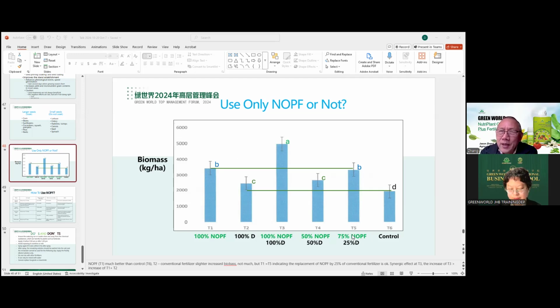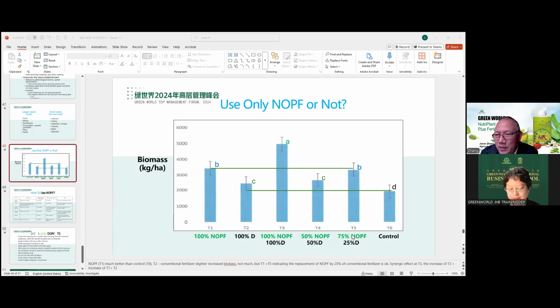That's why with conventional fertilizer, you should put NPK in the soil before planting. Or if you have a long-time, multi-year plant, like tea, you can add conventional fertilizer in the soil by the drip line.